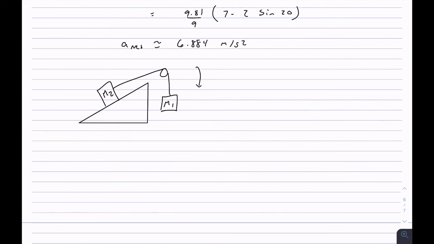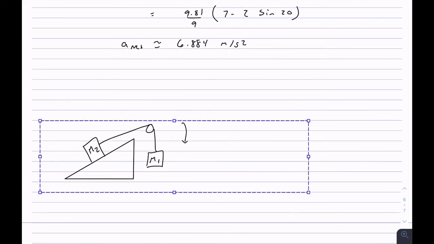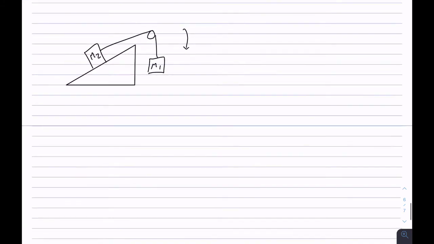So since we're going this way, remember our normal force, Fn2. Here we have m2 g cosine theta, and this is going to be m2 g sine theta, negative.